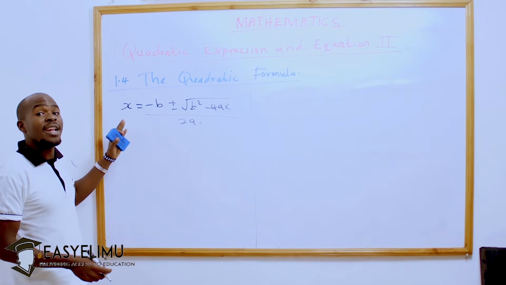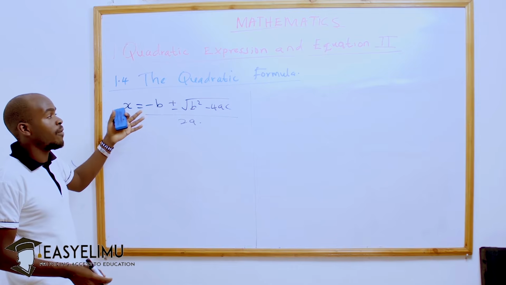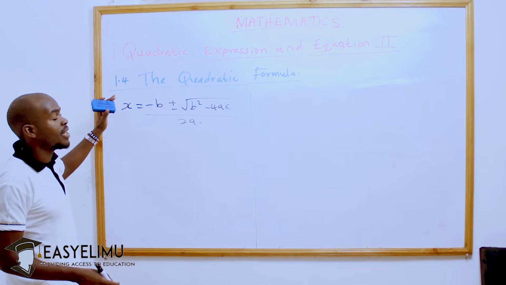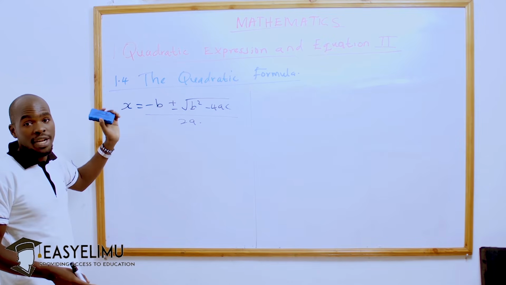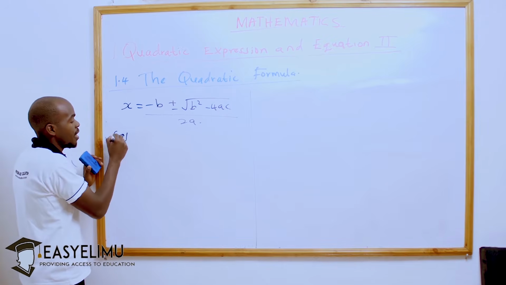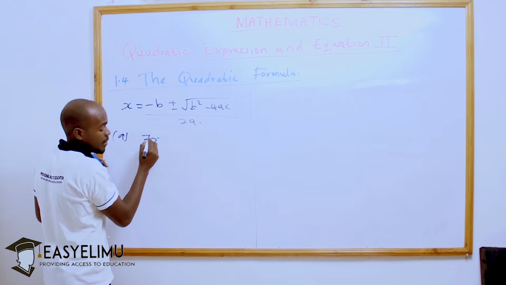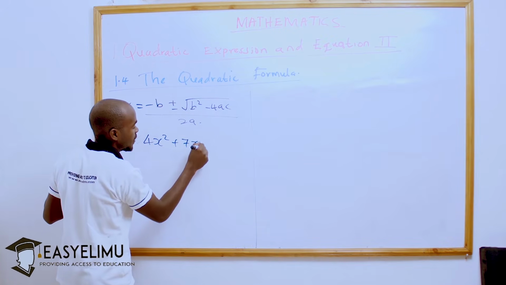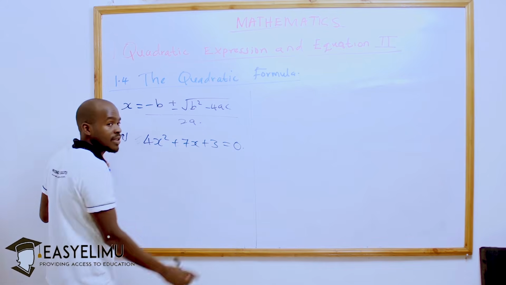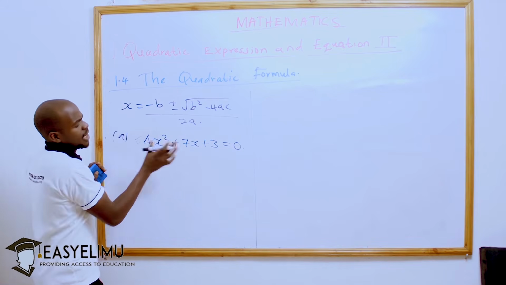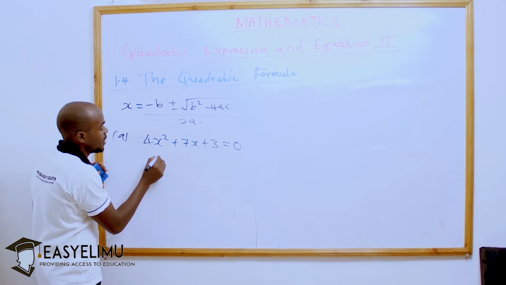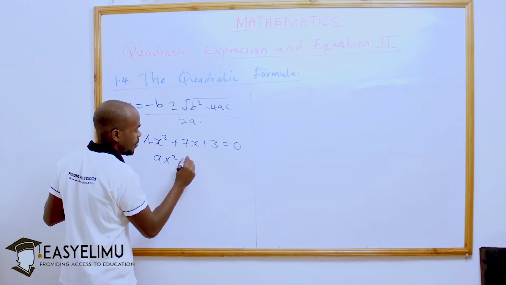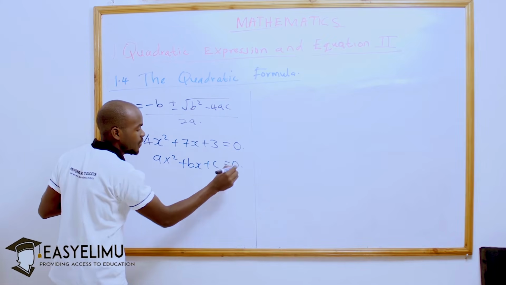From our general quadratic equation, we have seen how we have derived and found the quadratic formula. Now we shall use this quadratic formula to solve different kinds of quadratic equations. For instance, being provided with 4x squared plus 7x plus 3 equals 0, we find that it resembles our general quadratic equation, which is ax squared plus bx plus c equals 0.